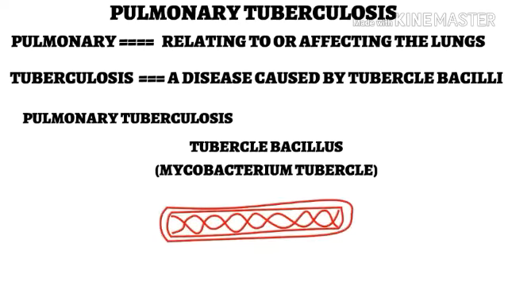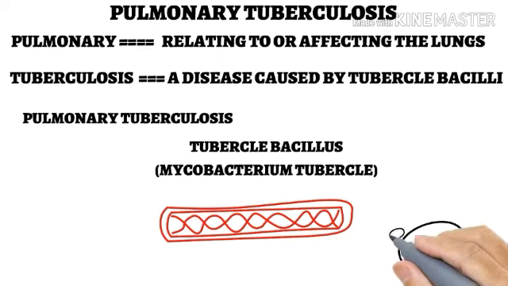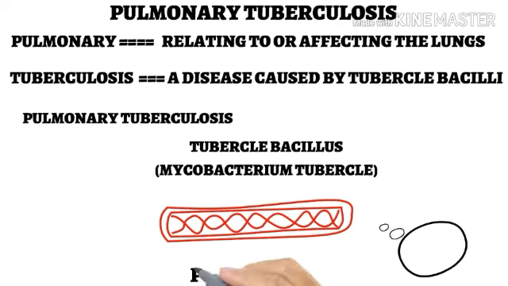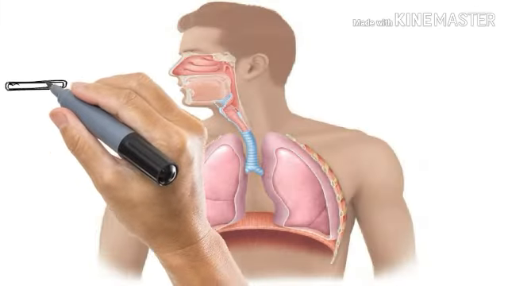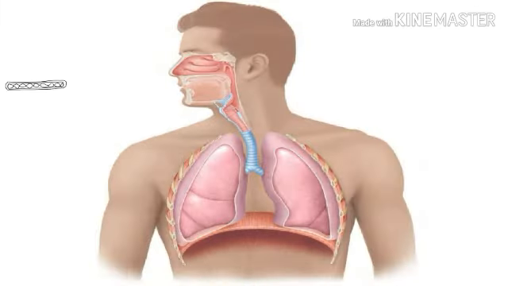Actually, this Mycobacterium tubercle attacks the immune system and gets itself protected by secretion. The function of that secretion is to protect the Mycobacterium tubercle, and how it does that, we are going to get as we go on in this video.